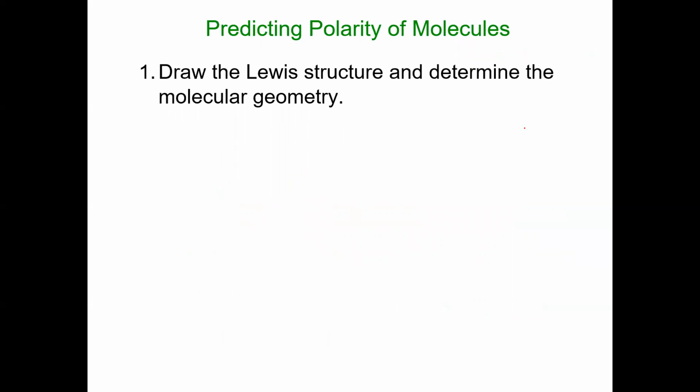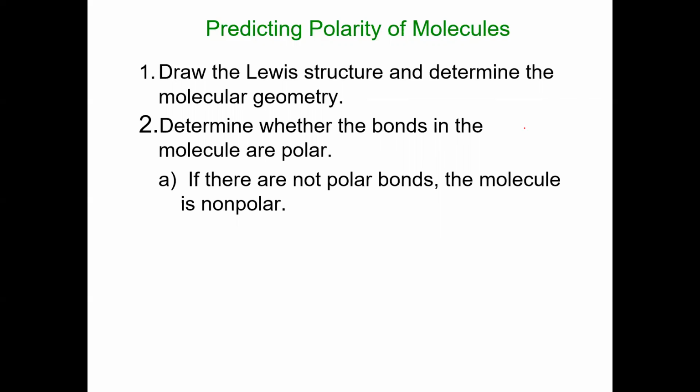So how can we predict whether or not an entire molecule is polar? First you have to draw the Lewis dot structure and look at the molecular geometry. The reason you're looking at the molecular geometry is you want to make sure there are no lone pairs. If the bonds of the molecule are nonpolar, then the molecule is going to be nonpolar.